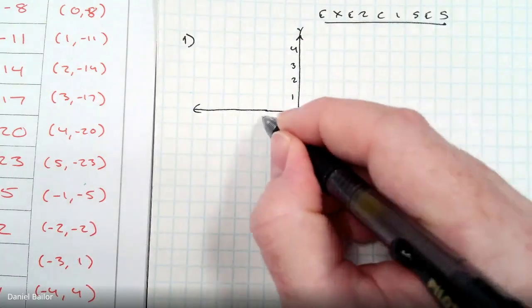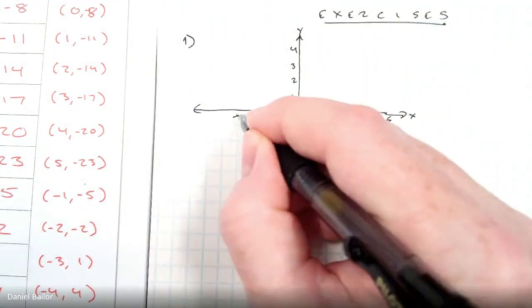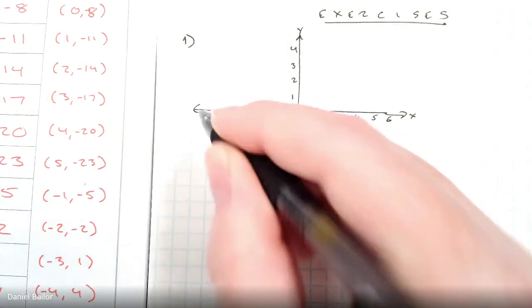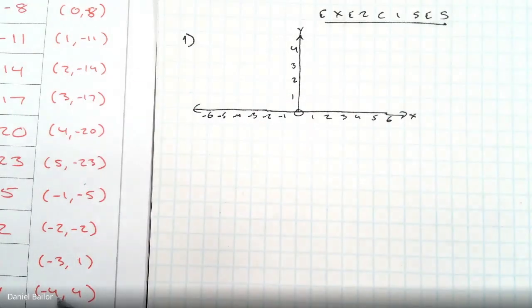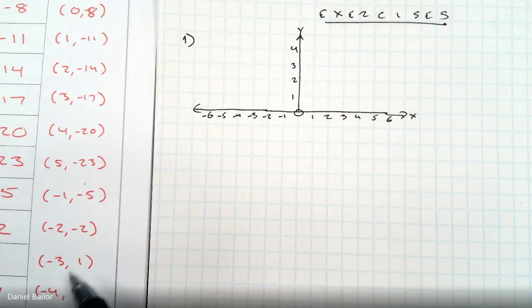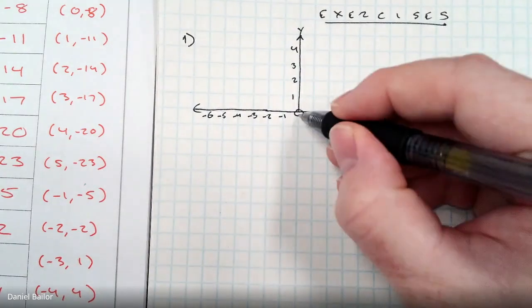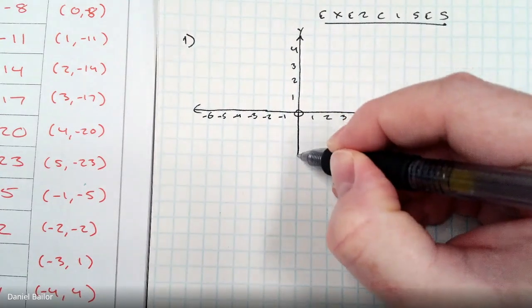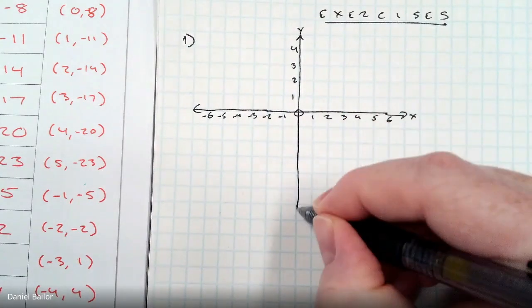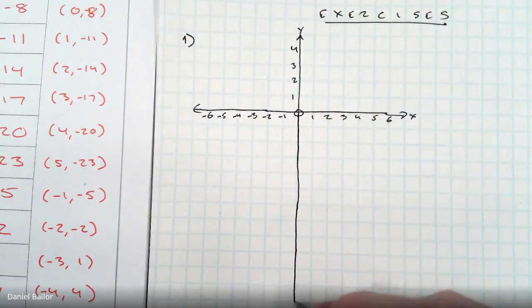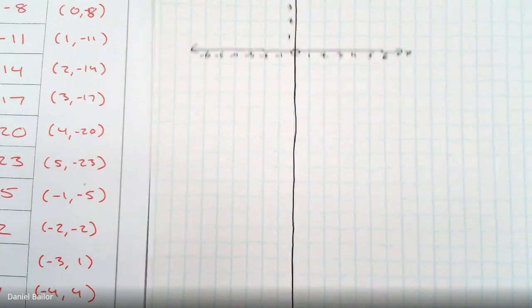My negative x's go up to -6, which works because my smallest x is -4, so it will fit. But my y's need to go down to -23, which means I need to go down 23 spaces. So I just drew a big line down.